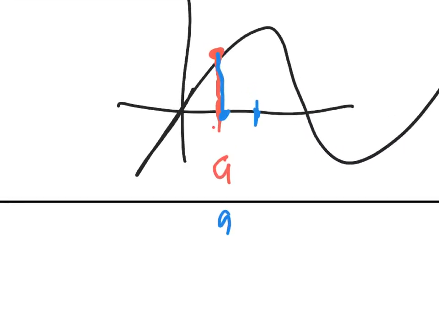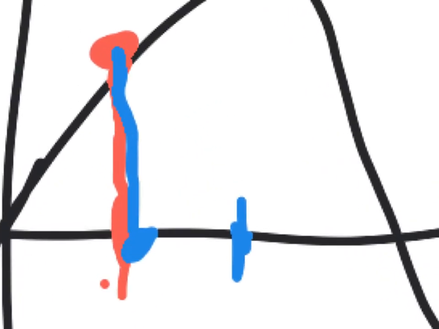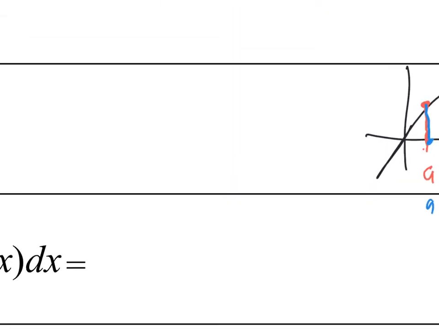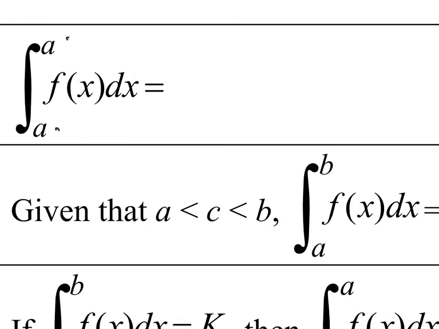I'm going to zoom in. How much area did I get? Well, this line is microscopic. So I've only done the area up to that line. So the answer is 0. I can prove it to you.